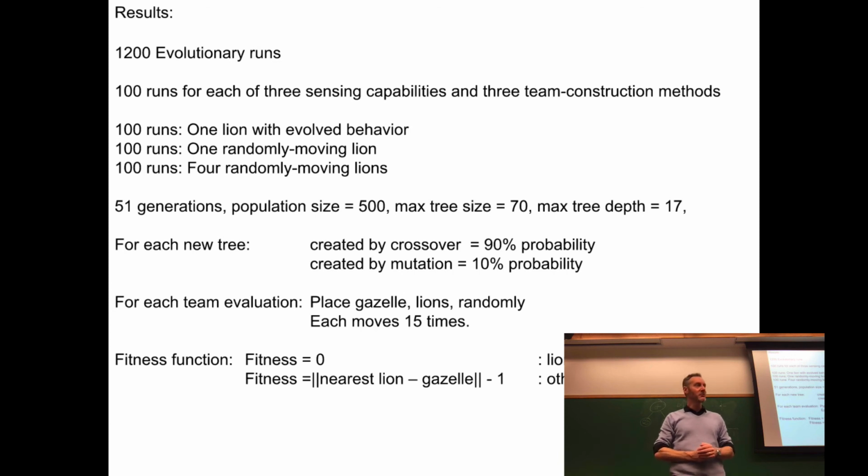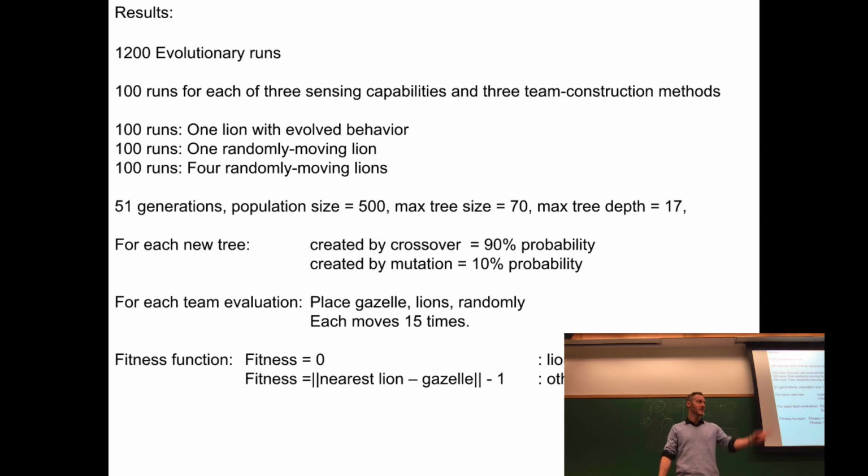And at the end of those 15 moves, if there is one lion that is less than 1 unit distance away from the gazelle, it captured the gazelle, and the 4 lions get the highest fitness. Here lower fitness is better, so the best you can do obviously is capture the gazelle. If the pride does not capture the gazelle, then your fitness is how close the closest lion got.